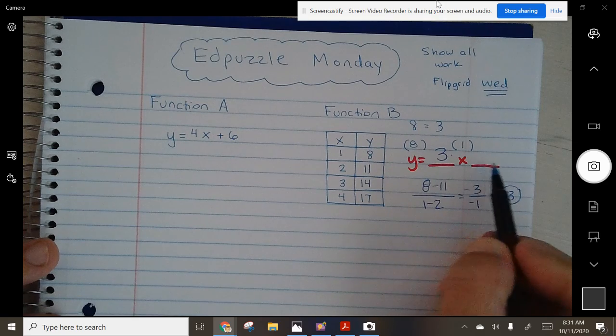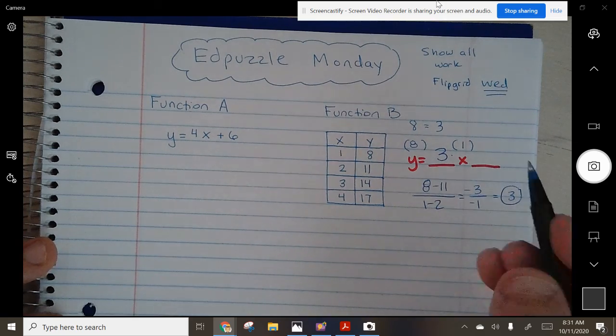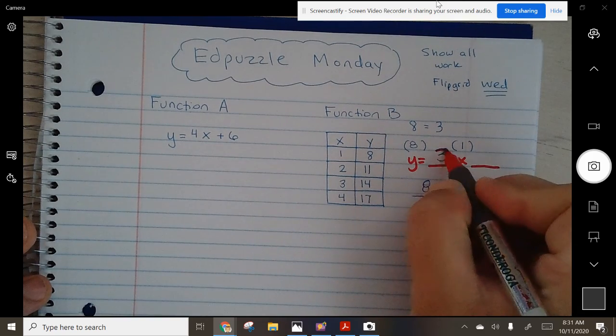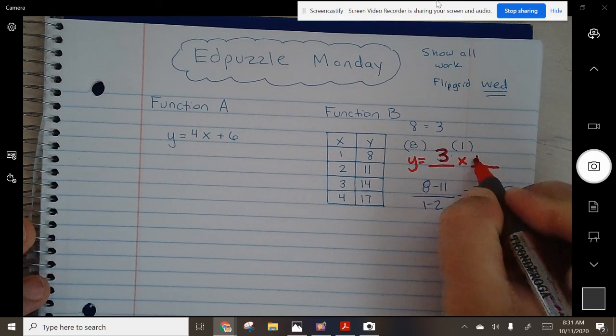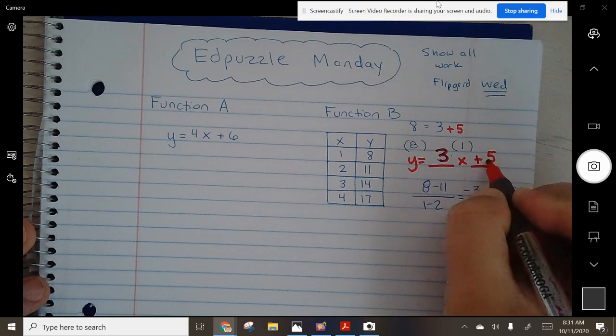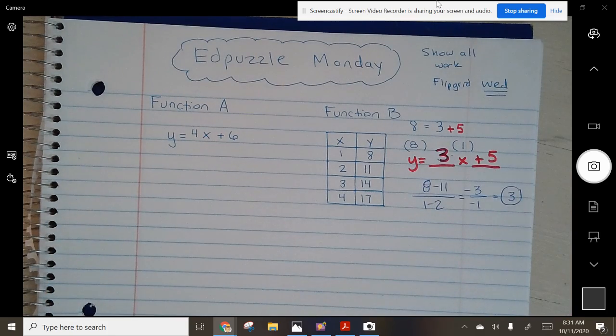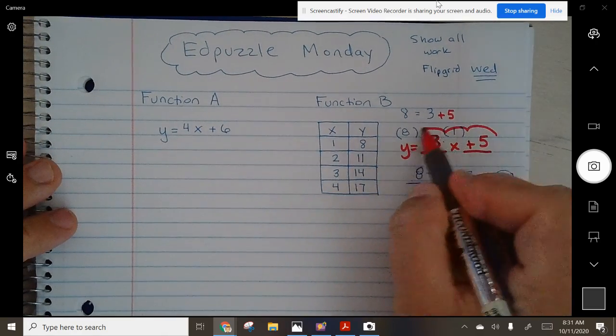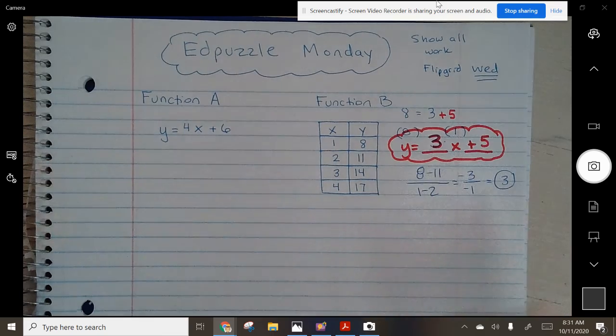So what can we add at the end to make this true? Plus 5. All right? Now that you've done that, this is your equation for this side. Show me all your work.